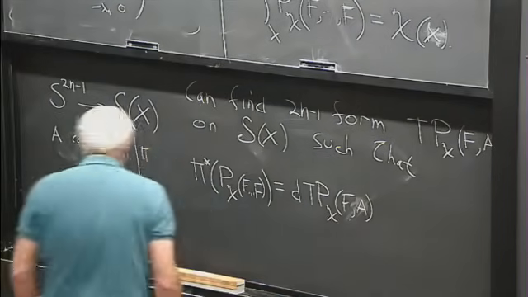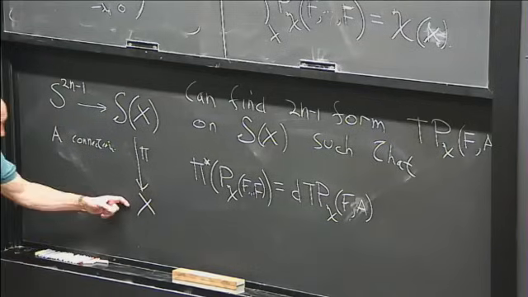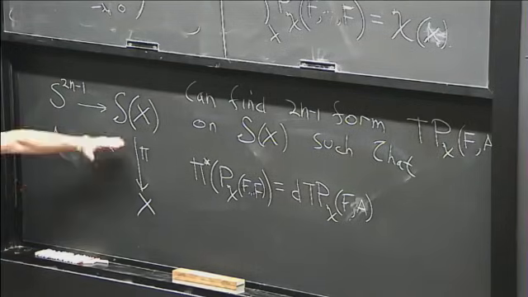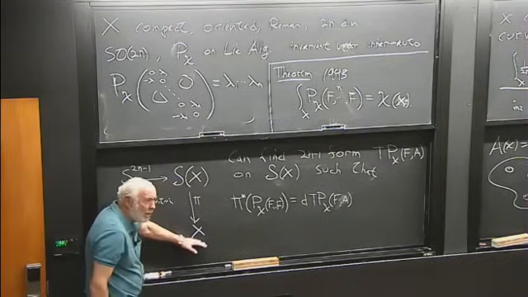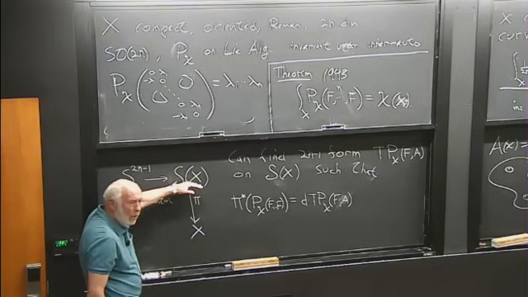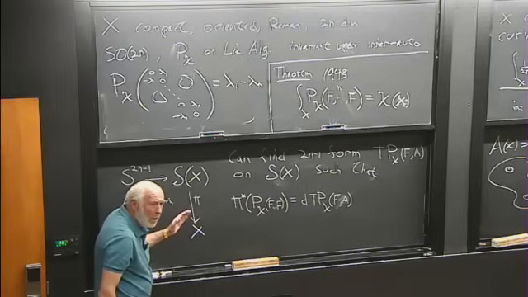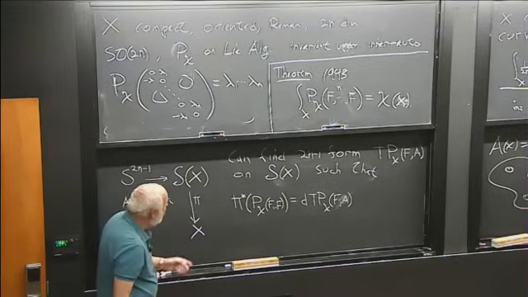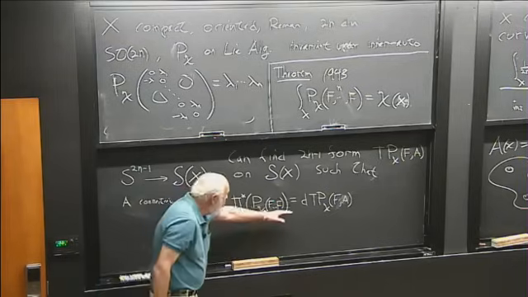So this form downstairs, which is a top-dimensional form, as it turns out, because x is 2n-dimensional, when you lift it up here, is just a form. It's going to be closed because it was closed downstairs. If you lift up a closed form, you've got a closed form. But that it's exact is not obvious. And that there's a nice formula for what makes it exact is not obvious. But there it is. It's a differential upstairs.